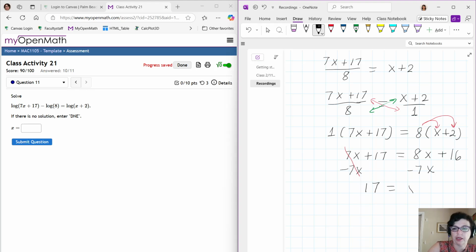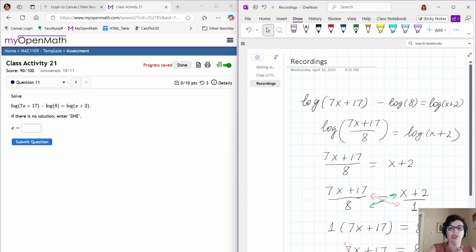Well, that's just x, just one x, plus 16. Because I want my variables on the right-hand side and numbers on the left-hand side, the next step is to subtract 16 from both sides. And that looks like it's just going to be 1. So x equals 1.